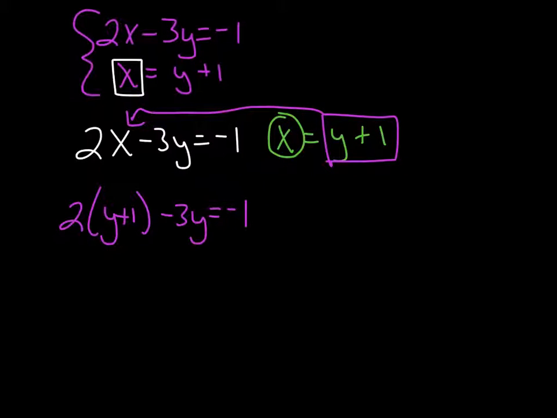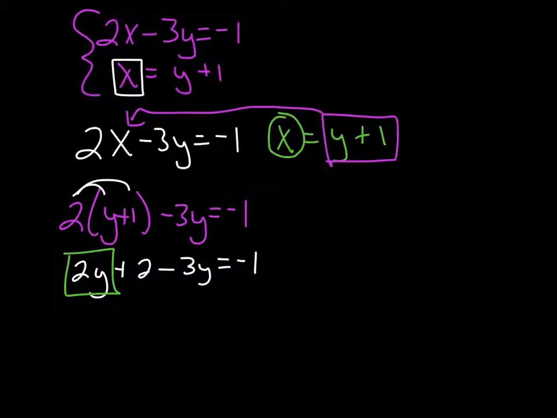That's the first substitution. I'm now going to distribute because it's 2 times y plus 1, so I get 2y. 2 times 1 is 2. Bring down everything else because I'm not doing anything with it yet. Now I have to look for and combine like terms. Here's a 2y and a negative 3y. Those combine to give me negative 1y.